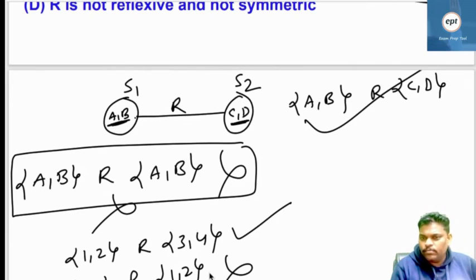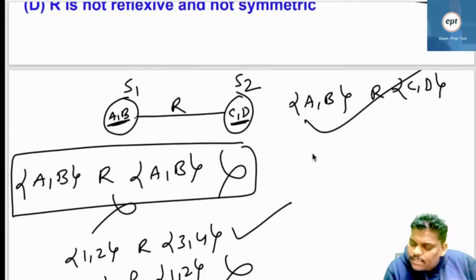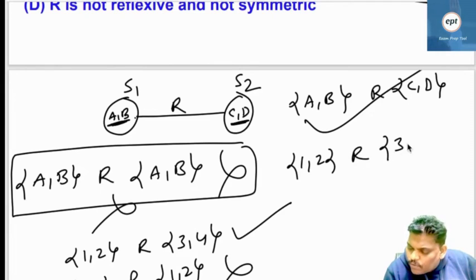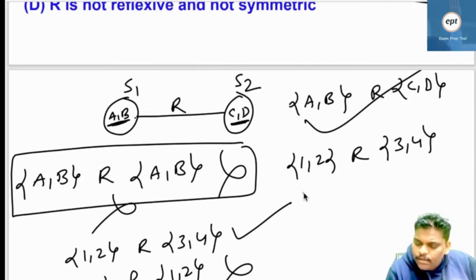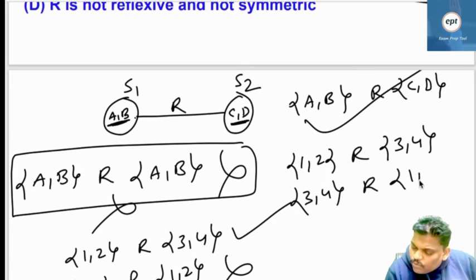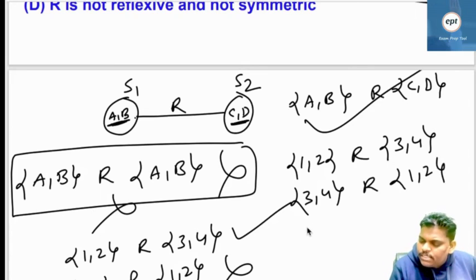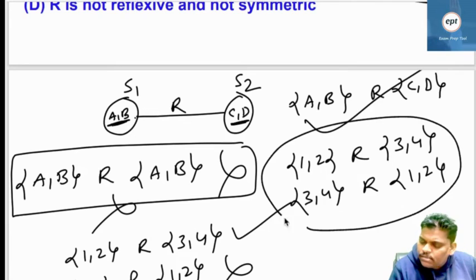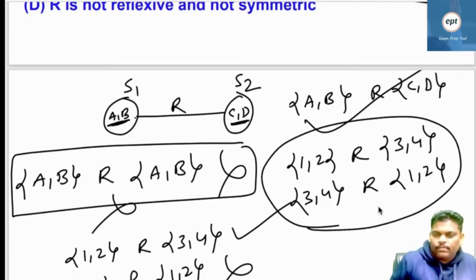No. Now see the interesting answer. {1, 2} maps to {3, 4}. In the similar way, {3, 4} maps to {1, 2}. Can anyone help now? Is this relation symmetric?